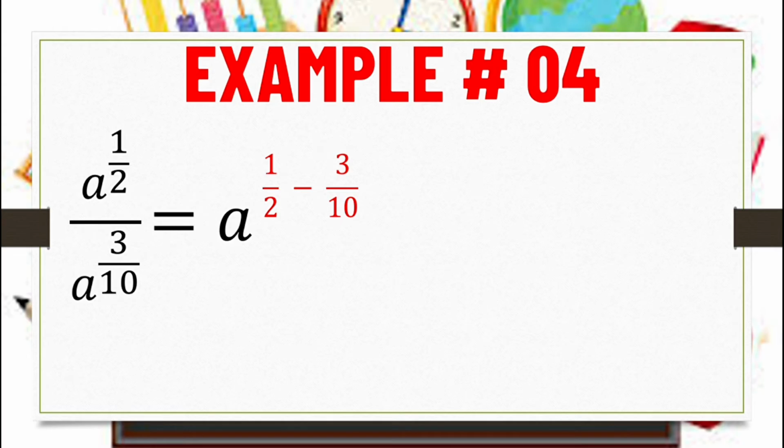So all we need to do is to look for the common denominator between 2 and 10. In this case, the common multiple of 2 and 10 is 10. So we will look for the equivalent fraction of 1/2 with a denominator of 10, and that is 5/10. And simply copy 3/10.